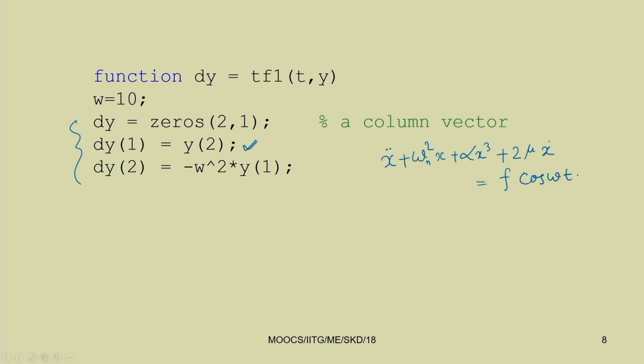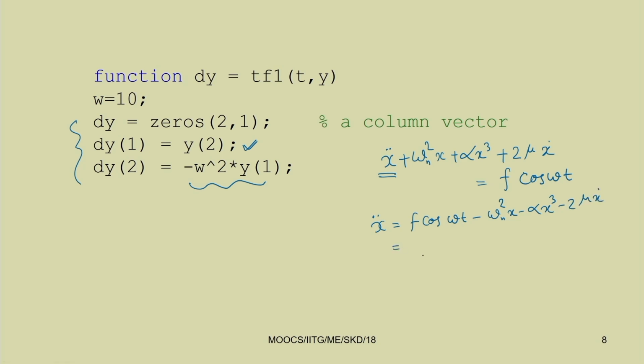So, in this case, your first equation will remain same, second equation is nothing but, this part will be replaced by x double dot. So, x double dot equal to f cos omega t minus omega n square x minus alpha x cube minus 2 mu x dot.